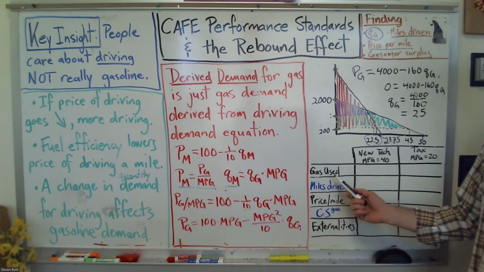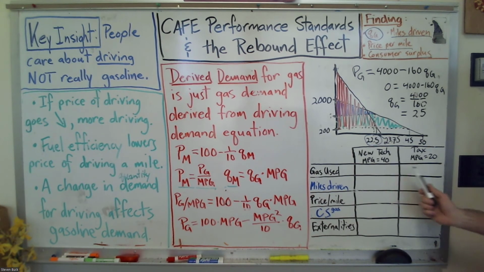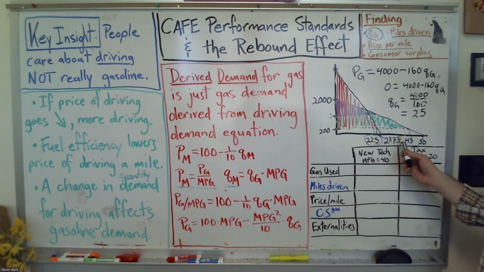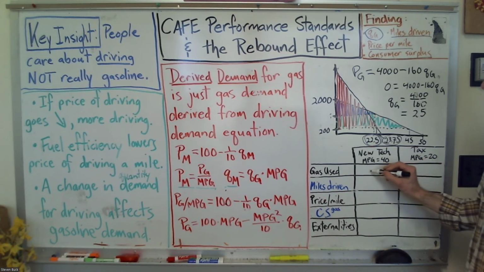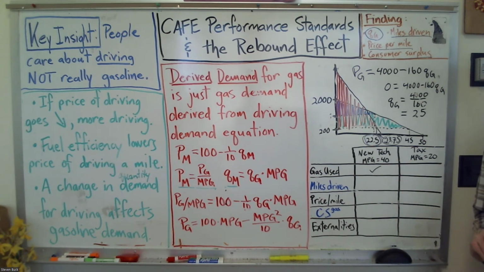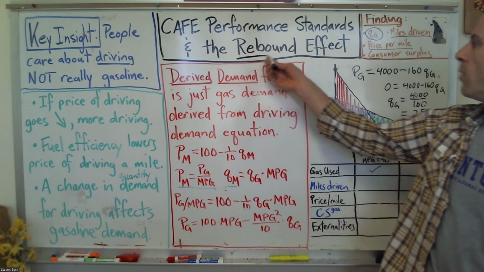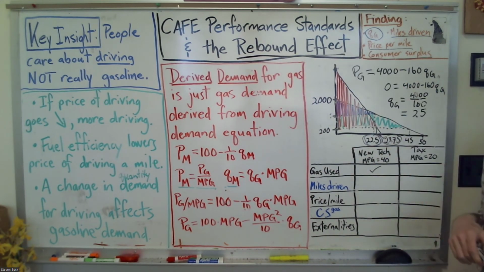Is there going to be more gasoline used under the new technology or the tax? We see right here that there's 23.75 gallons used under the new technology, whereas the tax actually delivers the full 50% reduction in fuel. So there's actually more gas used under the new technology. And this is exactly what the rebound effect is referencing.